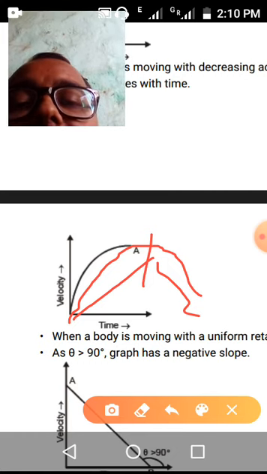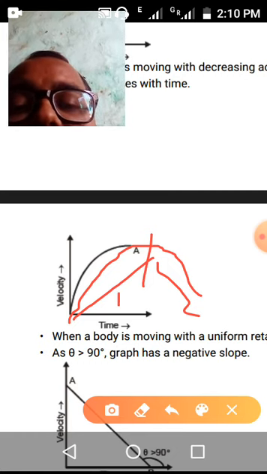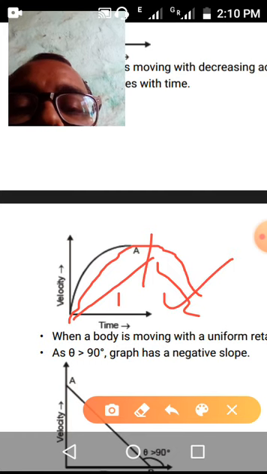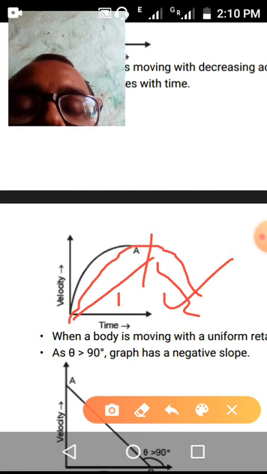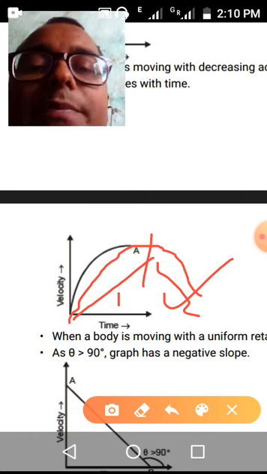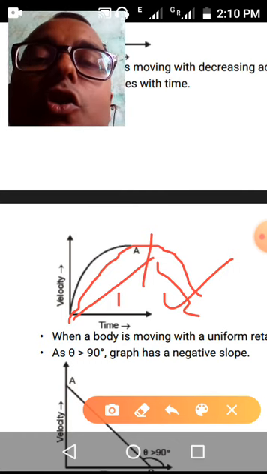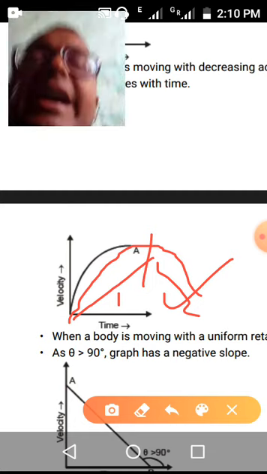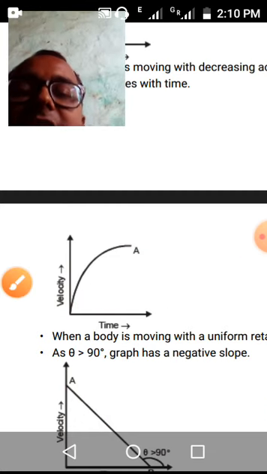This is an increasing acceleration, and this case is a deceleration. In the case of deceleration, a negative slope comes out. Deceleration is also called retardation. Retardation is a negative acceleration.